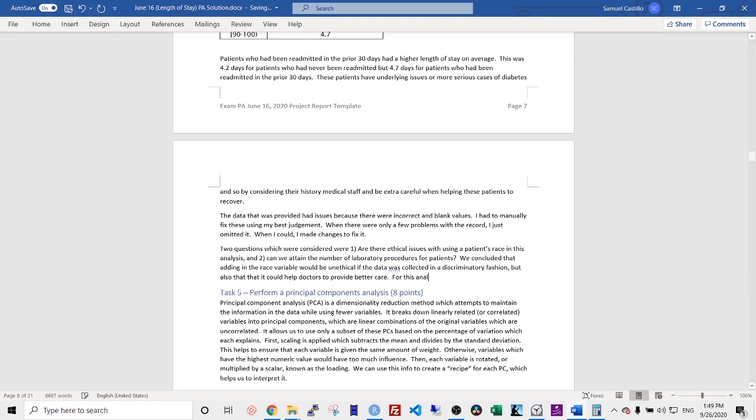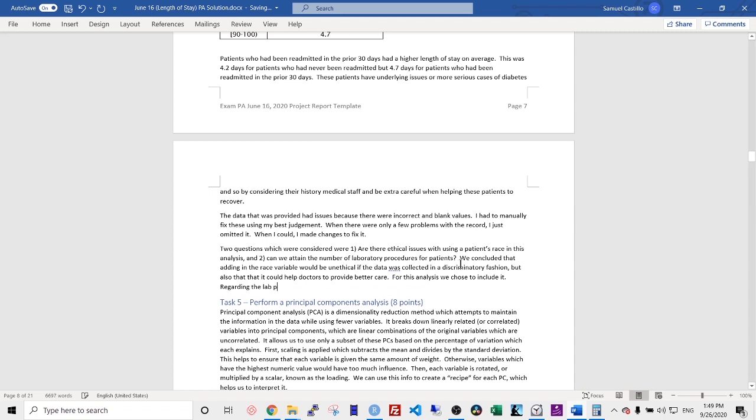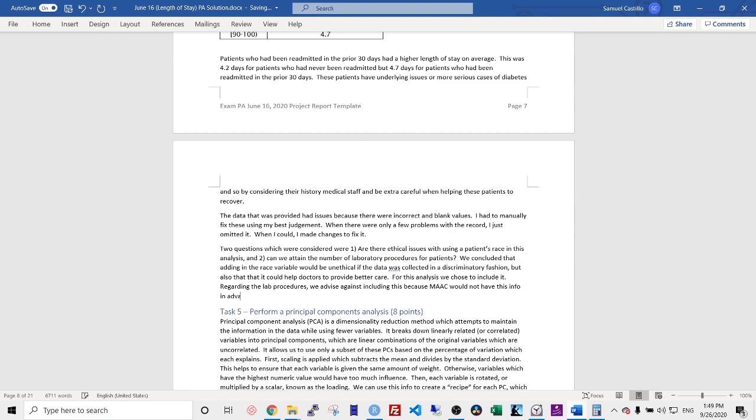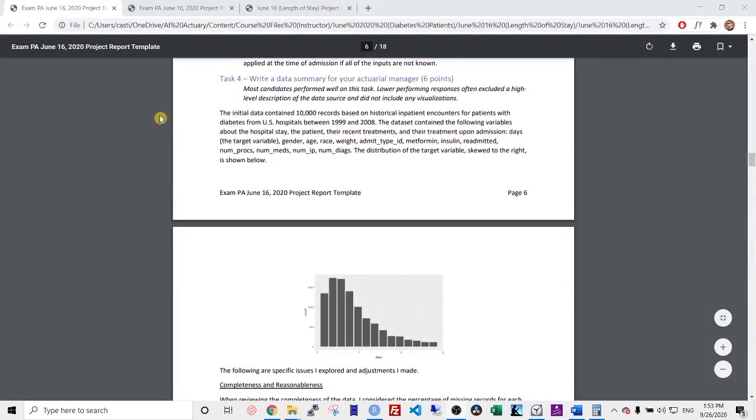For this analysis, we chose to include it. Regarding the laboratory visits, the lab procedures, we advise against including this because we would not have this info in advance. Most candidates performed well on this task.